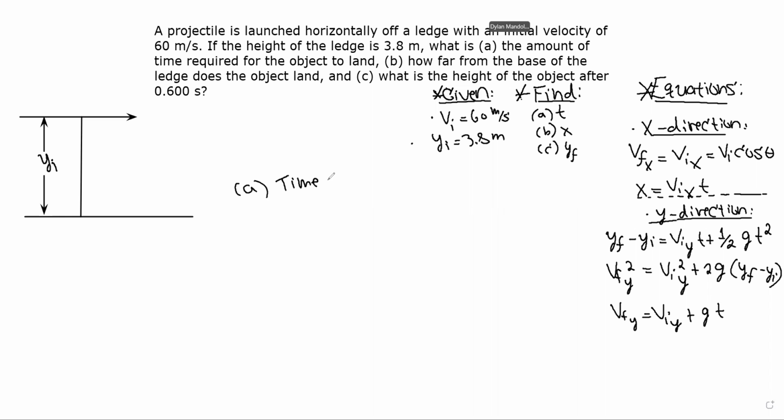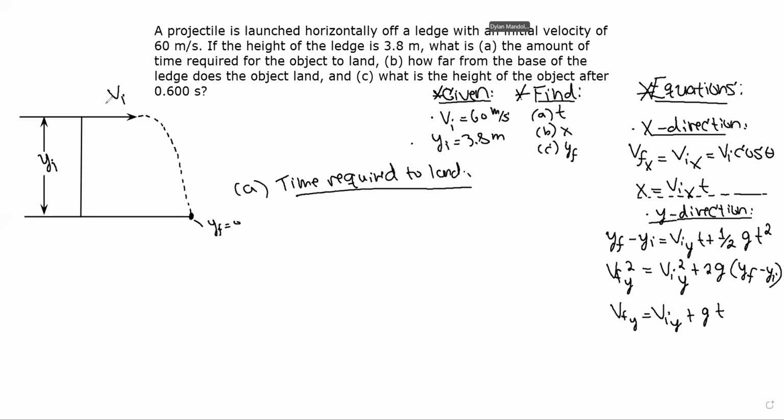find the time required to land. Good, so this is our initial velocity vector. Then it lands at a final height of 0.